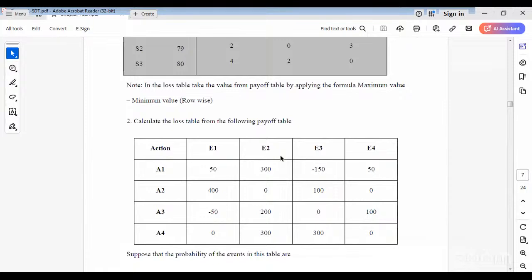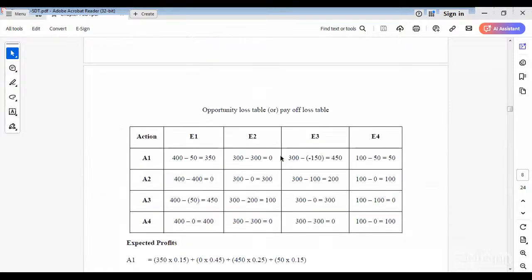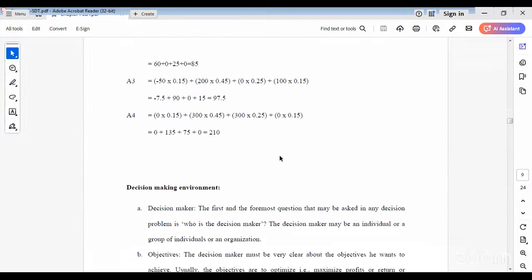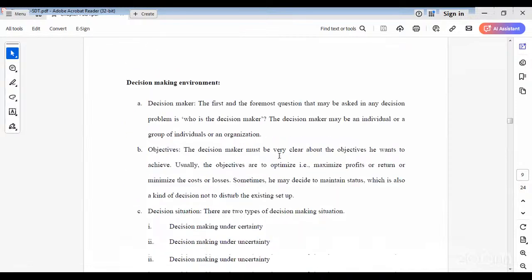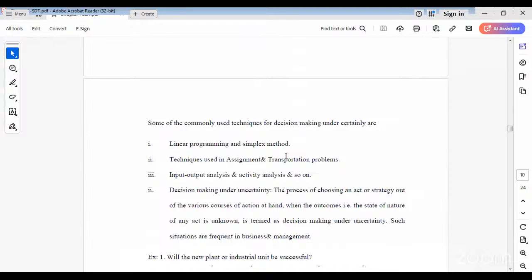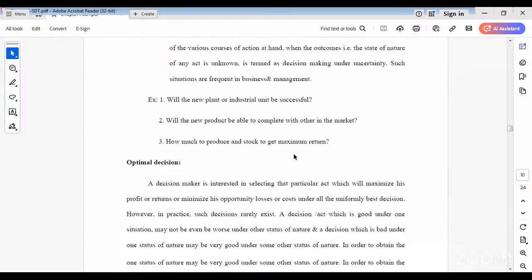From last table, calculate payoff table. Decision making environment, next one. Decision maker, objective, decision situation. Then optimal decision.